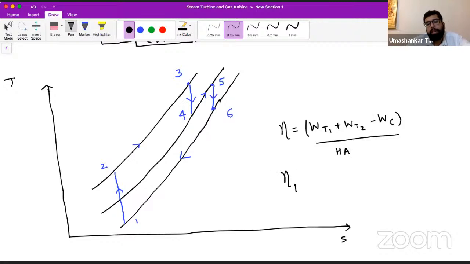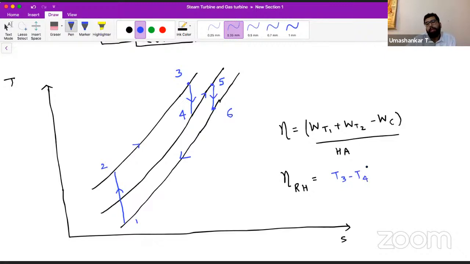So with the reheater, I will use the subscript RH. So with reheater, we have this much efficiency. Okay, so be careful here: WT1 is what? Cp I am not taking into consideration because Cp will be cancelled out.